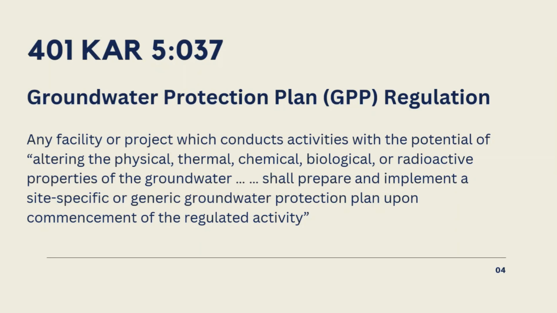Basically, this means that if your site can impact groundwater, you technically need a groundwater protection plan. And what we'll learn later on is that almost every site in the state of Kentucky could use a groundwater protection plan, especially those in the inner Bluegrass area or in areas towards Bowling Green where we have a lot of karst environments.